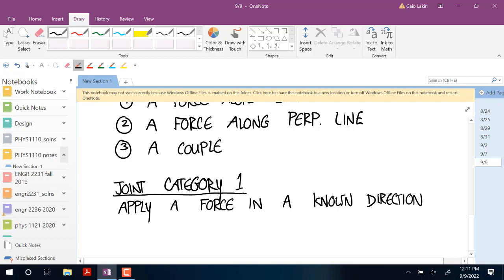Since we know the direction of the force, but we don't know the magnitude or the sign, this introduces one variable into the governing equations.